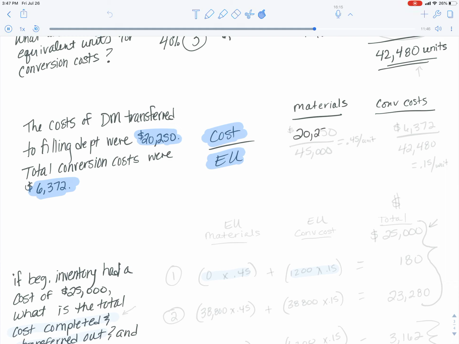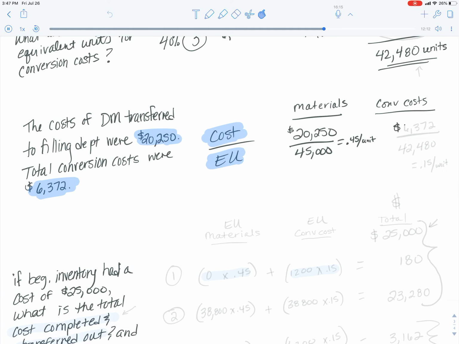Material cost us $20,250. Looking up in step 2, we had 45,000 units made with that cost. So that's going to be basically 45 cents a unit is going to be added.